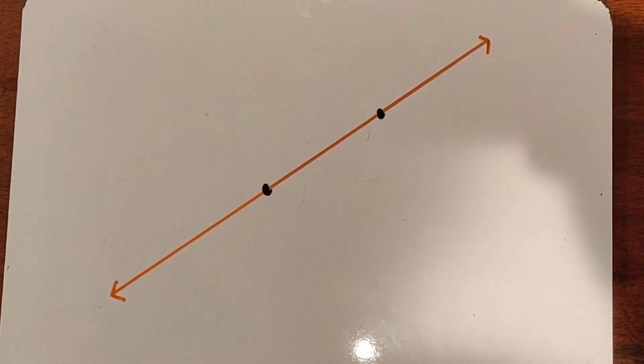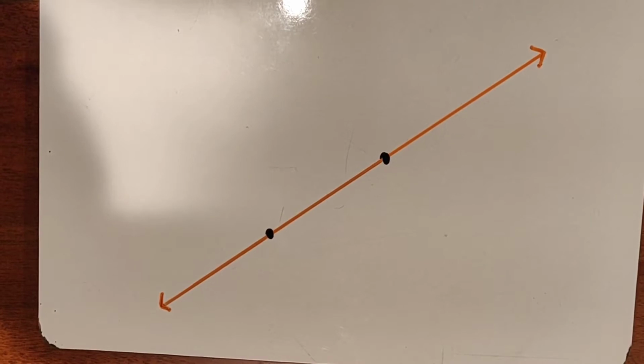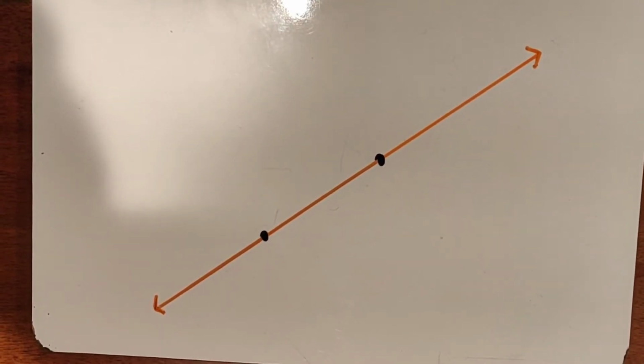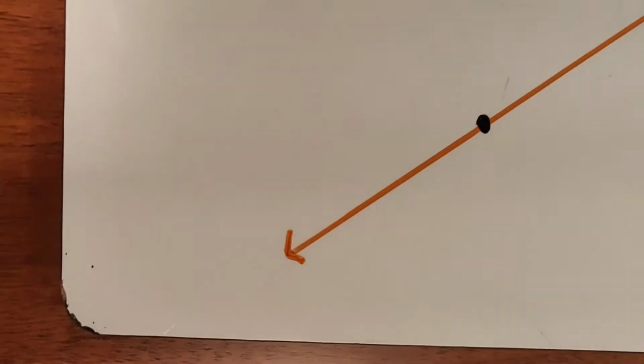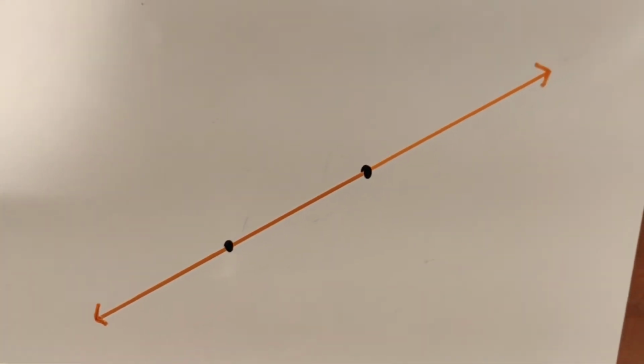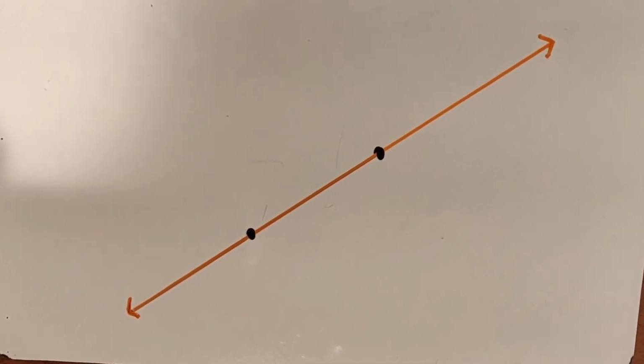If I draw another point on the whiteboard, anywhere, like there, I can draw a line through those 2 points, like that. And what makes that orange line a line, the reason we call it a line, is that if you notice the arrow on either side, it means that the line keeps on going forever and ever in the direction of the arrow.